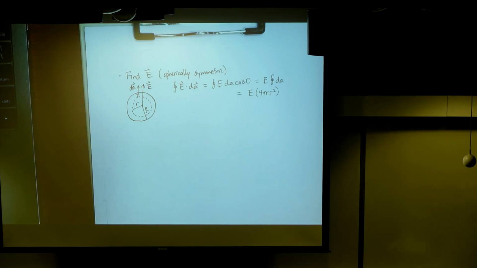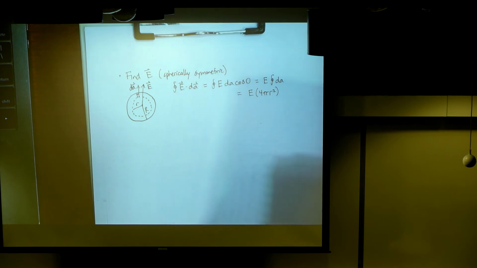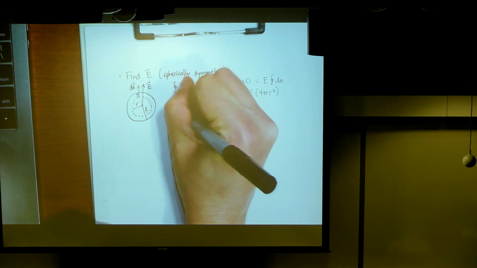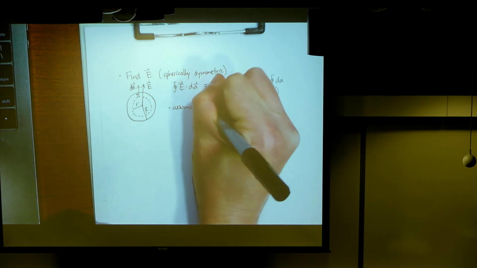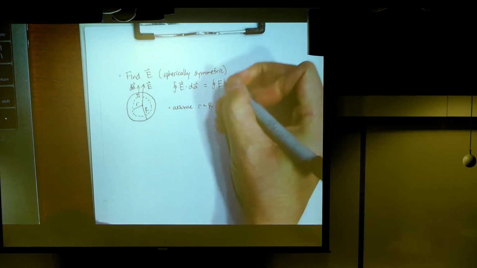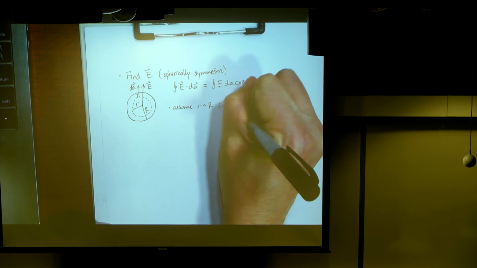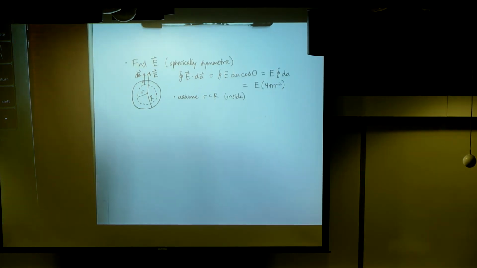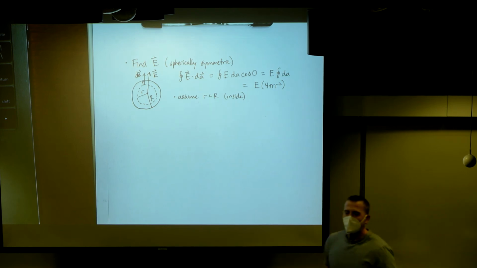Now let's think Q enclosed real quick. So for the time being, let's assume that little r is less than big R, which means we're inside. How can I think about the charge I'm enclosing? Well, the charge is uniformly spread out all over the non-conducting sphere, right?